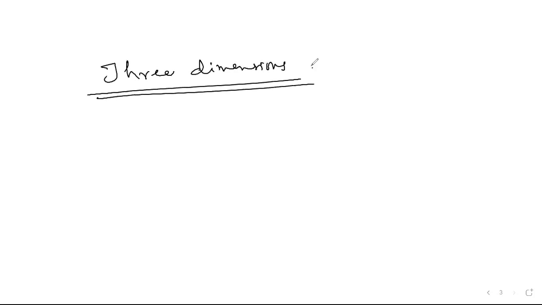So let us extend now our ideas to 3 dimensions. Now all the previous statements can be extended to 3 dimensions in a straightforward manner.